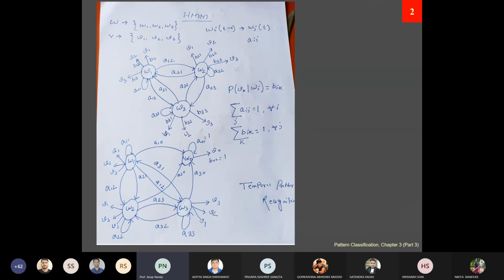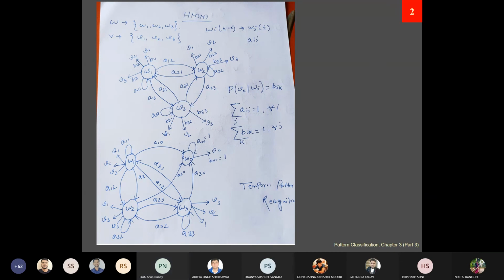If a state, without taking any input, goes to the same state, that is A11, a self loop, or you have the looping. So W1 goes to W1 again with transition probability A11.